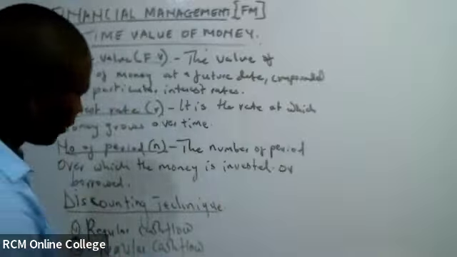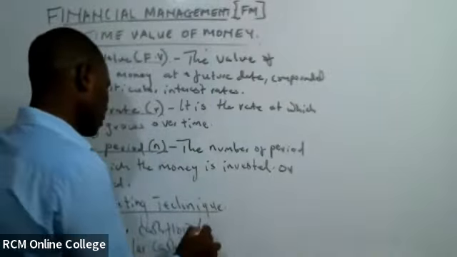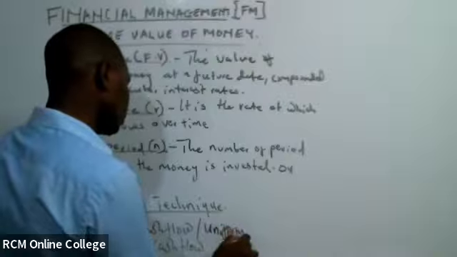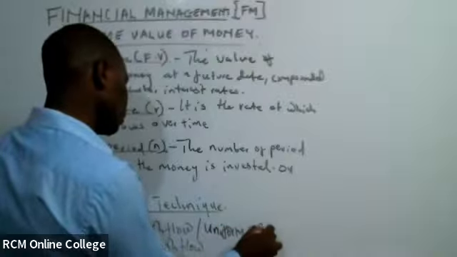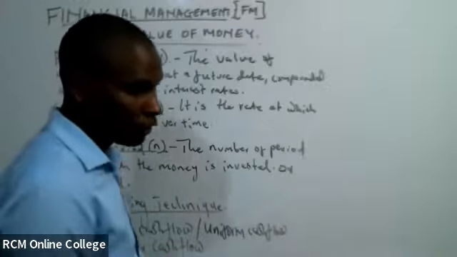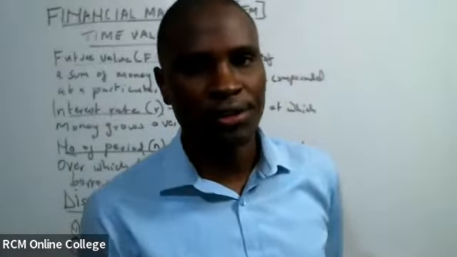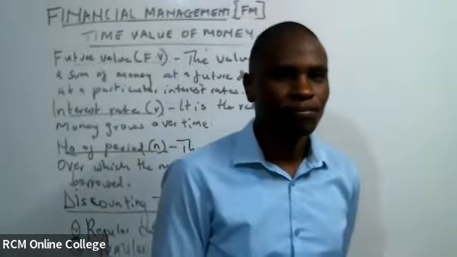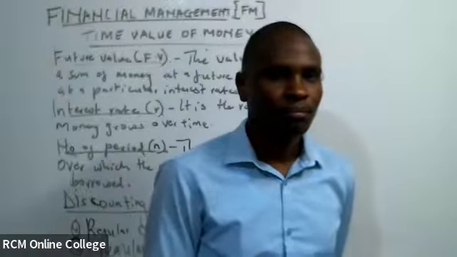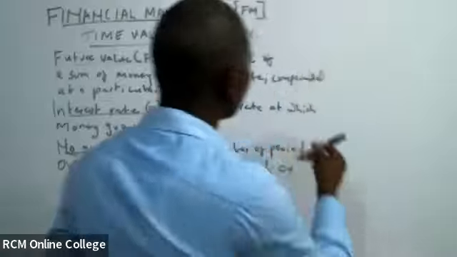Regular cash flows are uniform cash flows. The irregular ones are not uniform, non-uniform cash flow. For the uniform cash flow, there is a way you discount that.